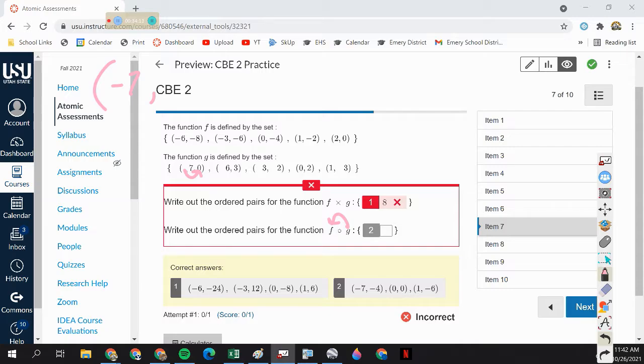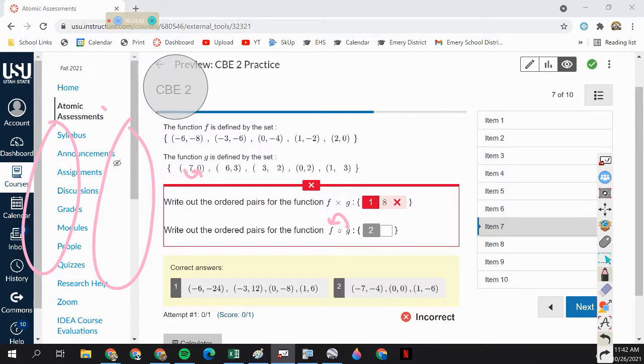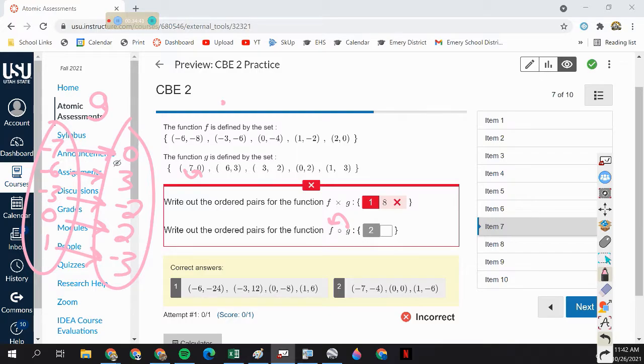So the domain, maybe I'll write it out this way. This will make more sense. Okay, so this is g. G takes the numbers negative 7, negative 6, negative 3, 0, and 1, and it turns them into 0, 3, negative 2, 2, and then negative 3.